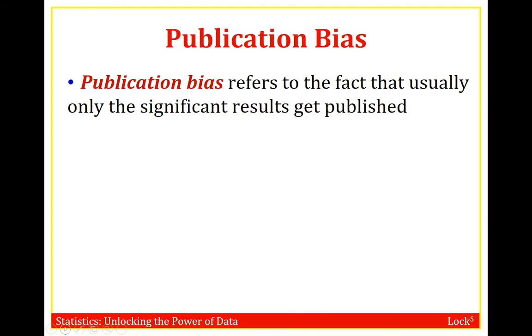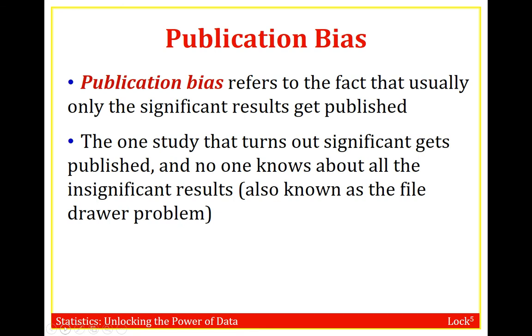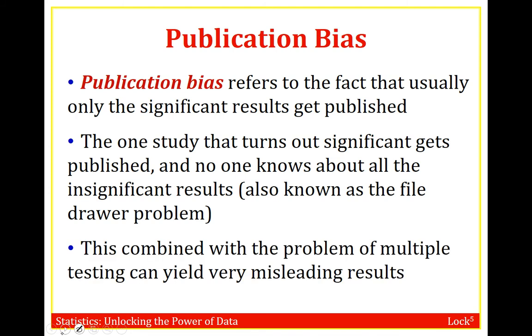But the minute I push out there that, hey, I found something with a 0.001 significance level, now somebody's going to talk about that. That's bias. The one study that turns out significant gets published, and no one knows about all the insignificant results, also known as the file drawer problem we talk about sometimes. This, combined with the problem of multiple testing, can yield very misleading results.